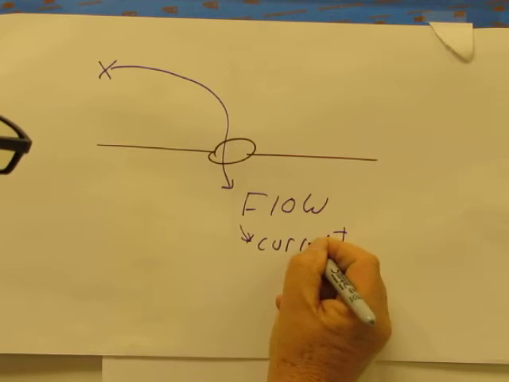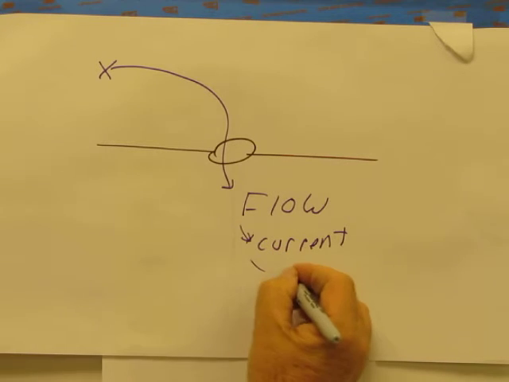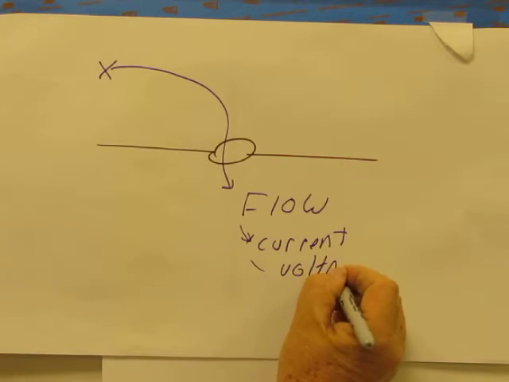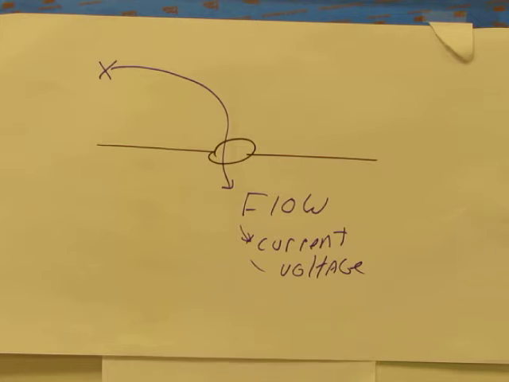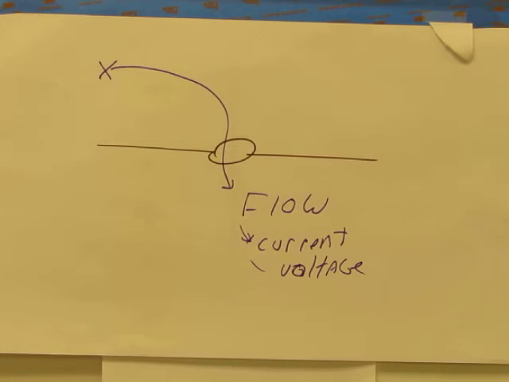An electrical current is like the wiring in your house. And we measure current as voltage. Now, in the case of human physiology, we're looking at millivolts, not volts.